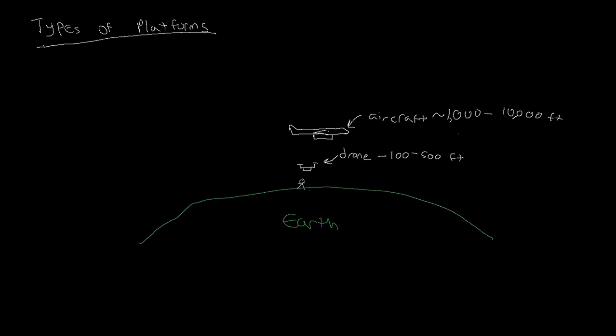Then finally, as we go up from the drone to the aircraft, we start to get to the atmosphere. We talked about the atmosphere in previous videos, and how important that is in terms of data quality. So we pass through the atmosphere, we get out of the atmosphere, and now we're into the realm of satellites.